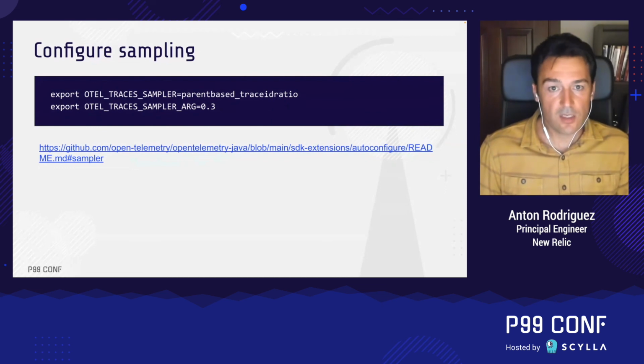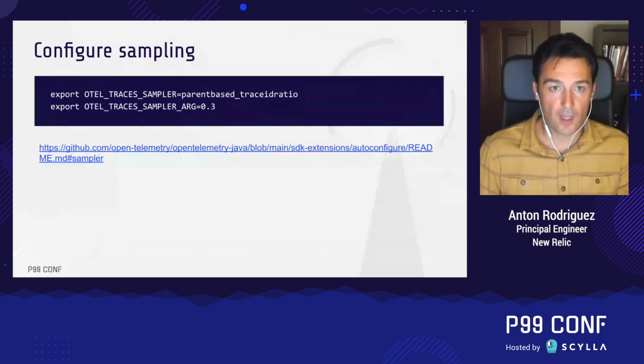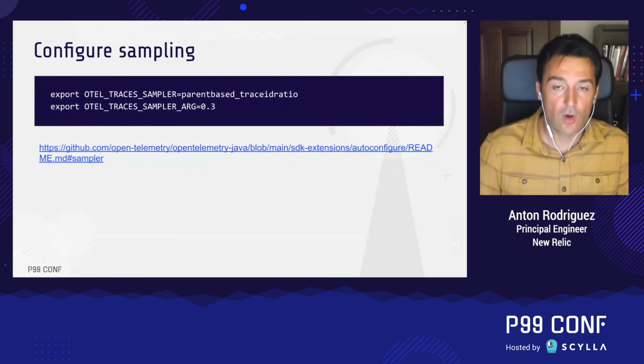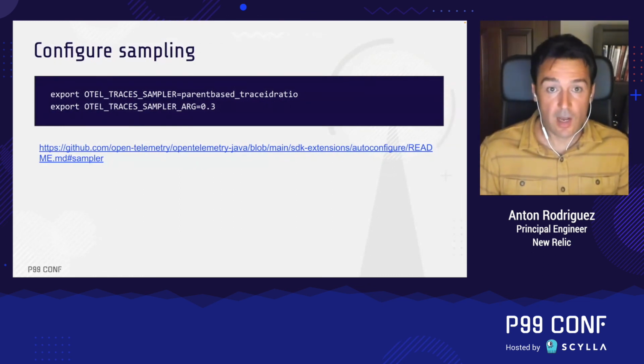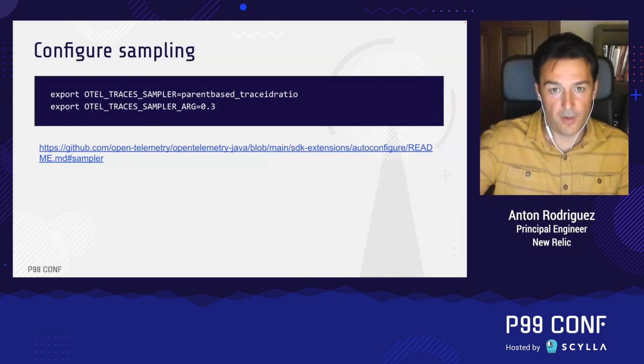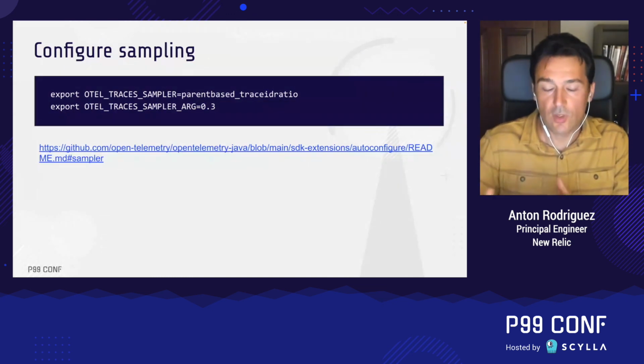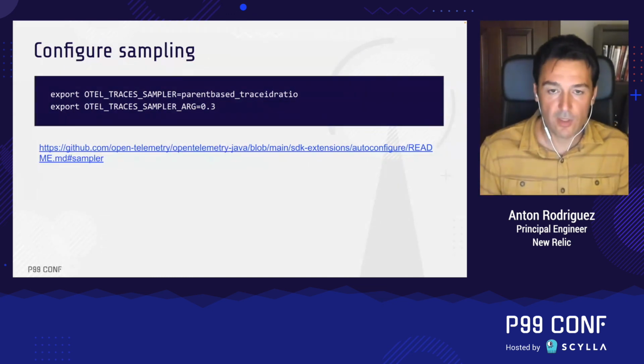So an interesting feature you can use in the OpenTelemetry agent and also in other tooling is sampling. Instead of generating a trace for every message, you only do it for a subset of them, and you can define how big that subset is.